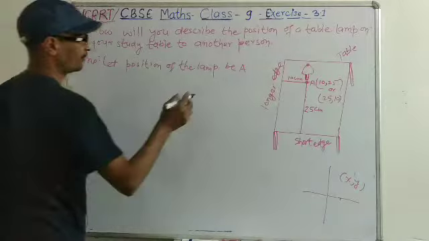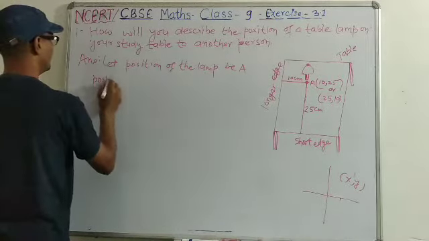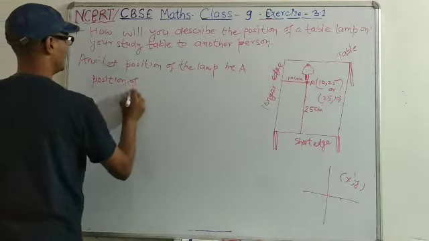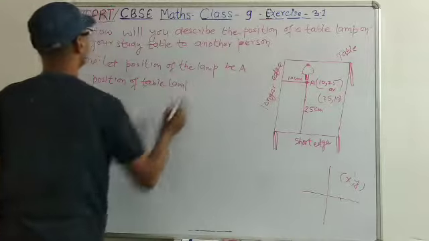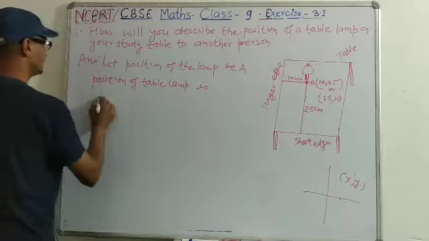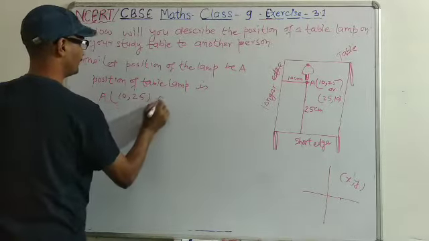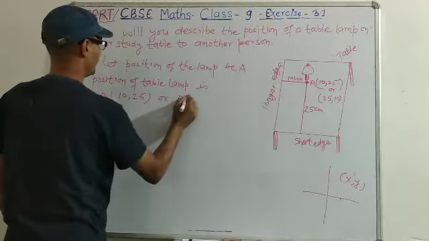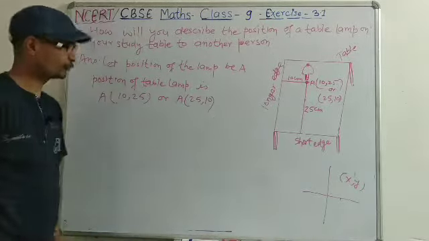So the position of the table lamp is A(10, 25) or A(25, 10). So it is our solution.